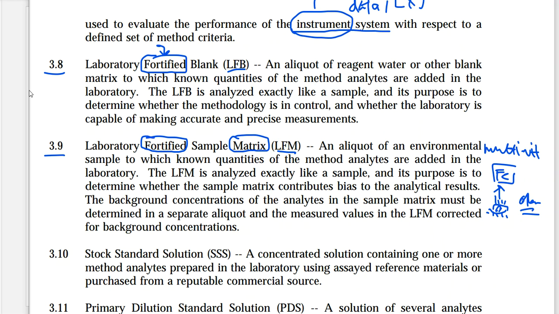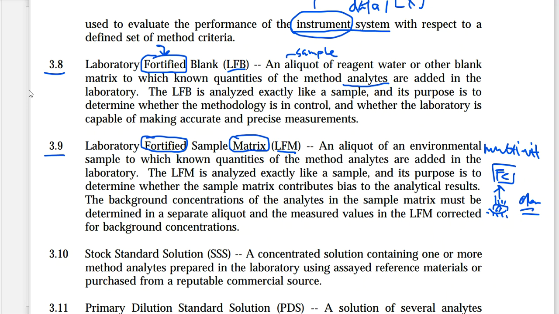So 3.8, lab fortified blank, LFB. It says an aliquot, and again, aliquot is just a fancy term for sample. A sample of reagent water or other blank matrix to which known quantities of the method analytes are added in the lab. So the method analytes are the things that you're looking for.